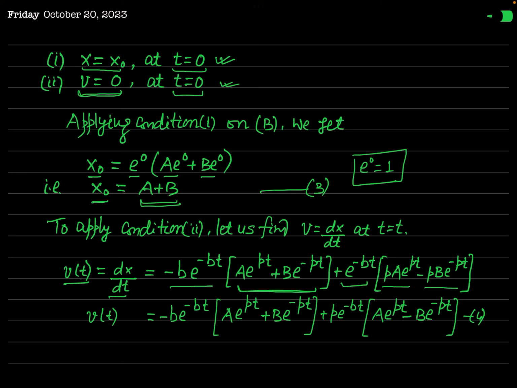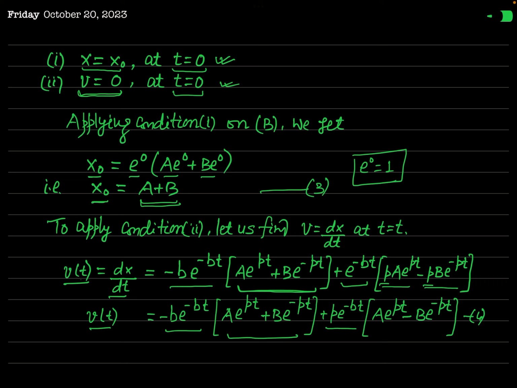And we can simplify this equation a little bit. You can see v of t will be equal to minus b times e to the power minus bt times this much: a e to the power pt plus p e to the power minus pt. And as this p is contained in both terms inside the square bracket, you can take it as a common factor.